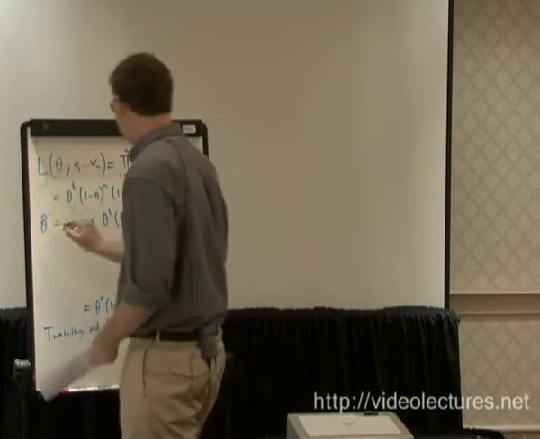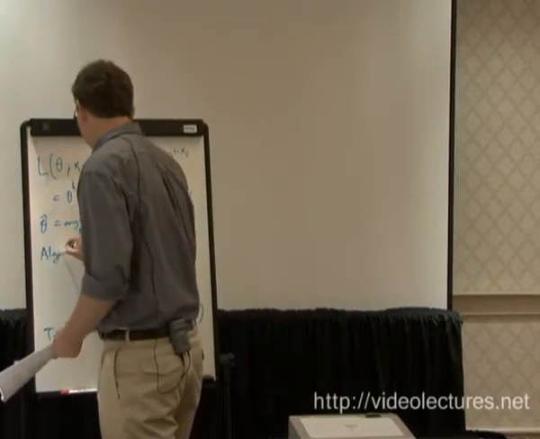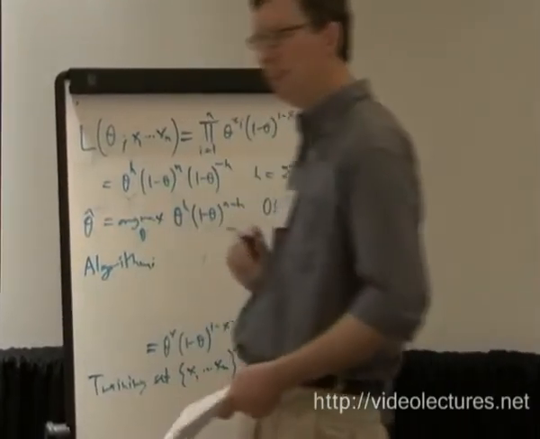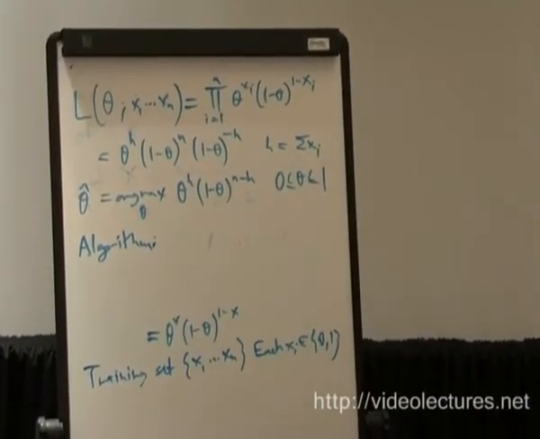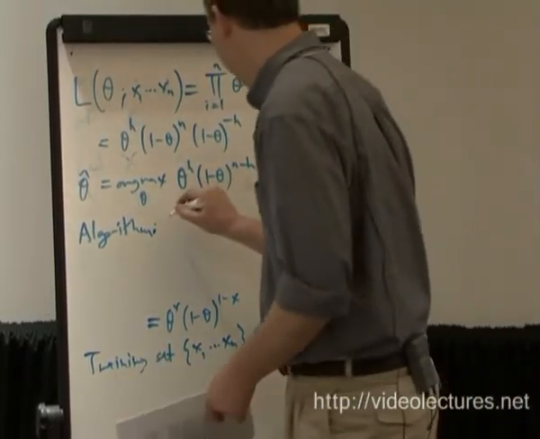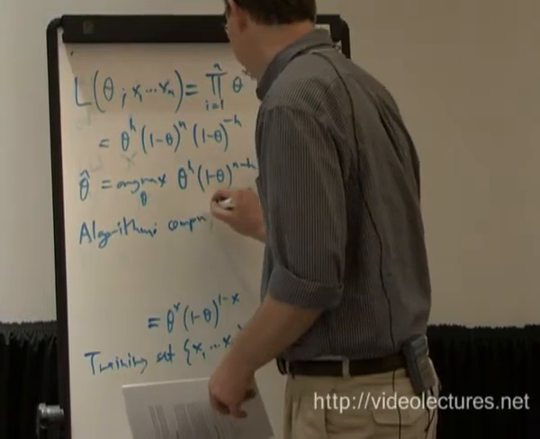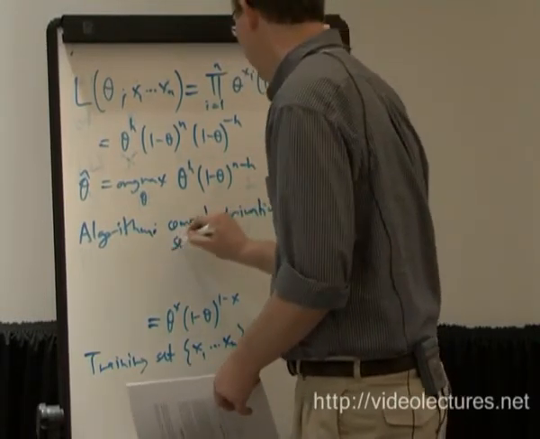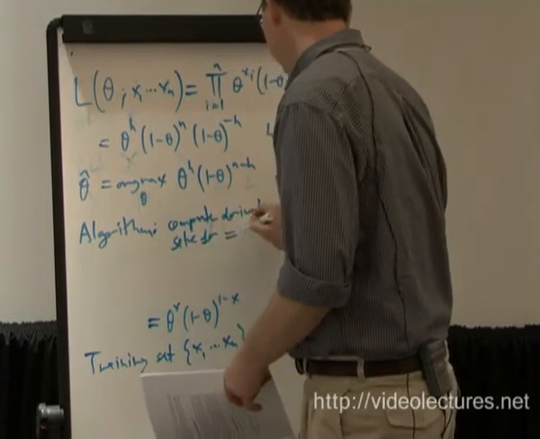Since I'm talking about machine learning, which I view as being part of computer science, as opposed to part of mathematics, I'm going to call this an algorithm. So, compute derivative and solve for equal to 0.